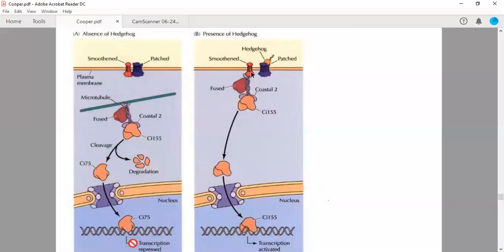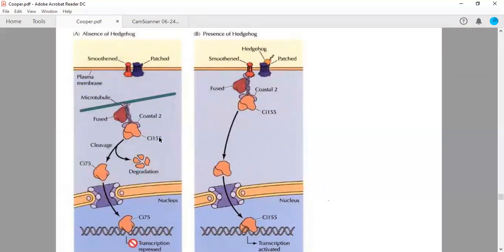So the Smoothened protein will be freed, and it is now able to interact with other proteins which were not able to interact with it when it was bound with the Patched protein. It can now interact with certain cytosolic proteins, such as the microtubule-associated Fused protein, Costal 2, and CI-155.